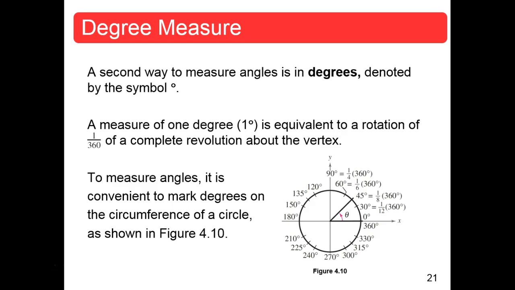Now, where did we get 360? I don't know this for certain, but the best I've been able to figure out, there was an ancient civilization in what we may call Mesopotamia, the Tigris-Euphrates Valley. They were called the Sumerians. They lived in probably what is currently Iraq or Iran.